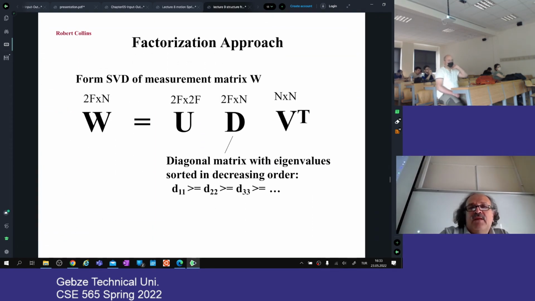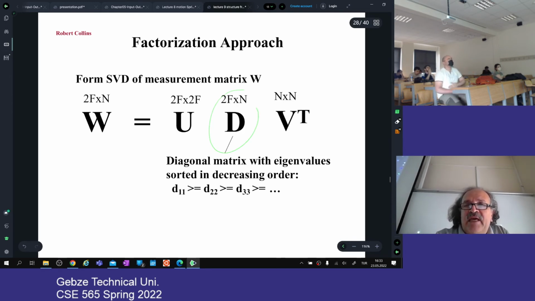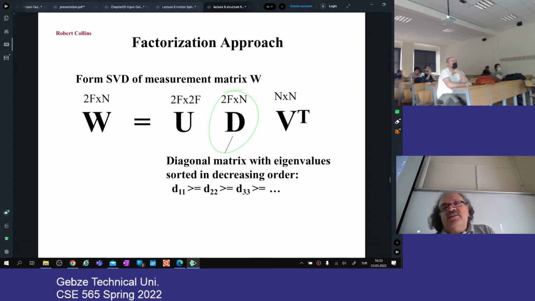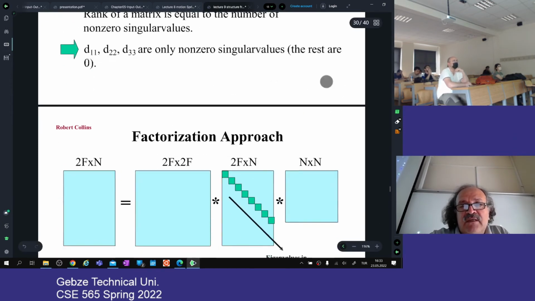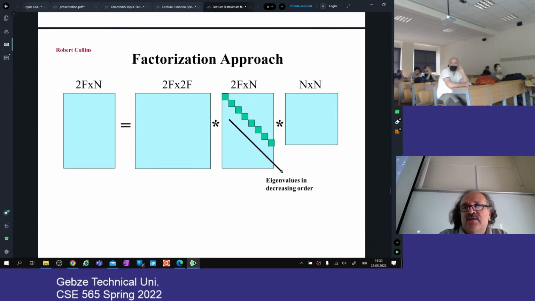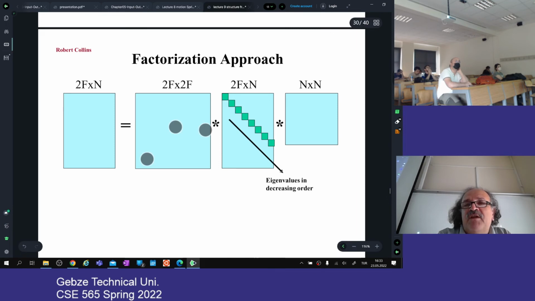Again, W is equal to U times D times VT. So if I do this, D will be a diagonal matrix. Only the first 3 elements of this diagonal matrix will be non-zero. The rest of them will be 0. So it's going to be like this, right? A square matrix 2f by 2f, very large.